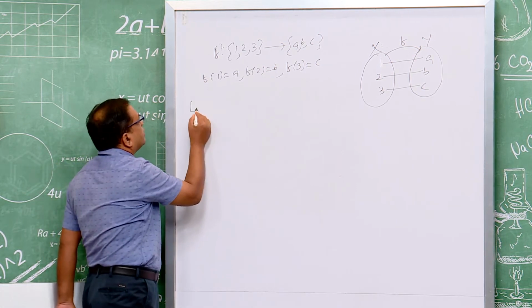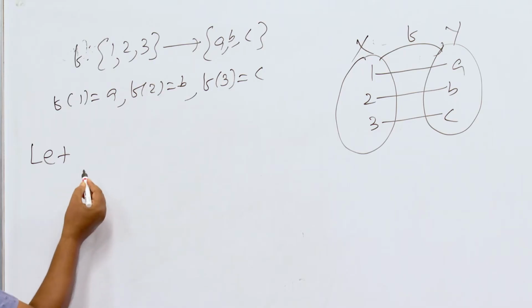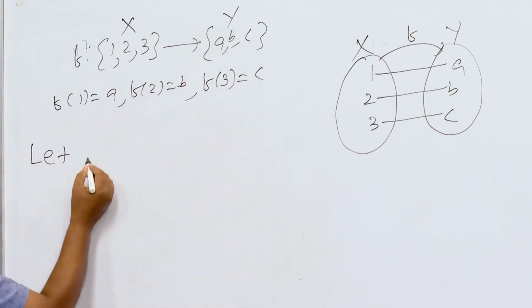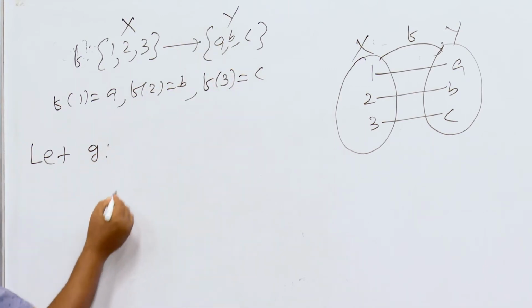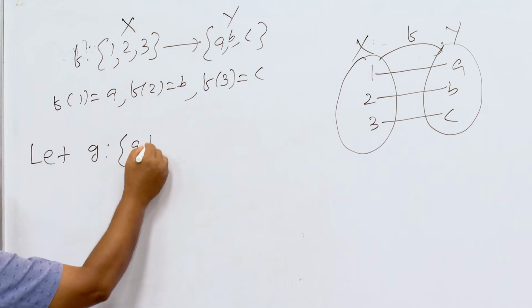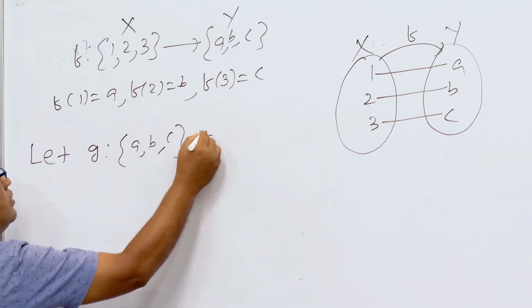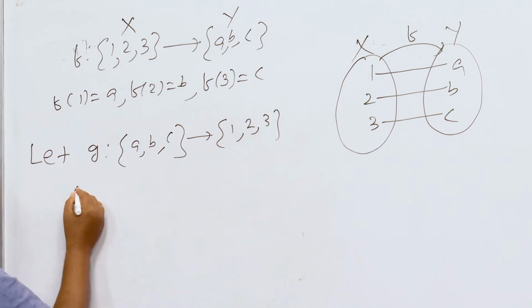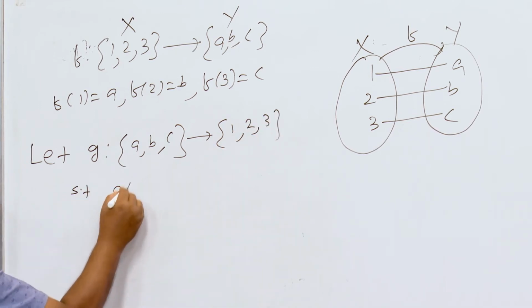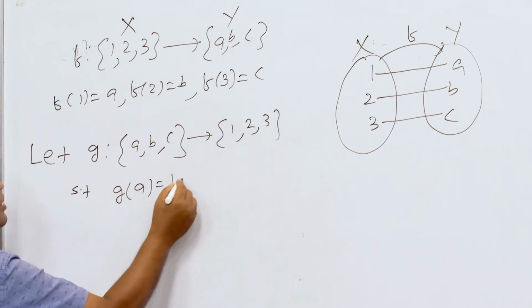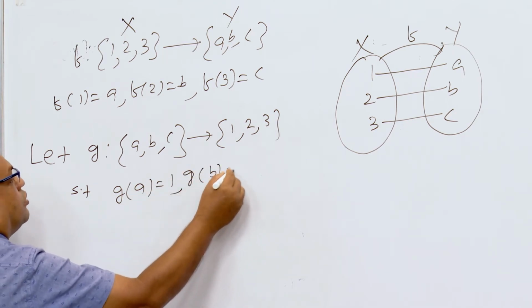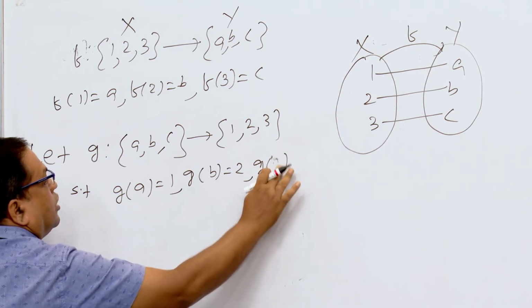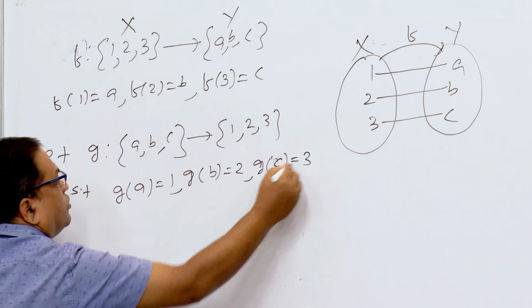So, let g be another function from y to x, that is from {A, B, C} to {1, 2, 3}, such that we take g(A) is equal to 1, g(B) is equal to 2, g(C) is equal to 3.